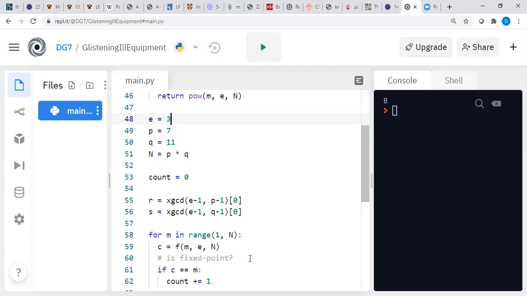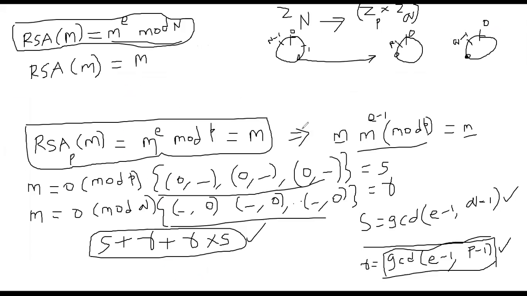All right. So let us summarize all the points that we discussed. All we did is transform the problem of computing the fixed points in mod n to mod p and mod q. First we assumed that m and p are relatively prime. Therefore, I can rewrite this as m times m to the power e minus 1 mod p is m.